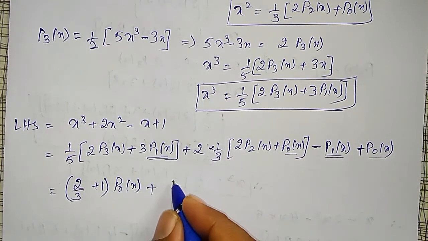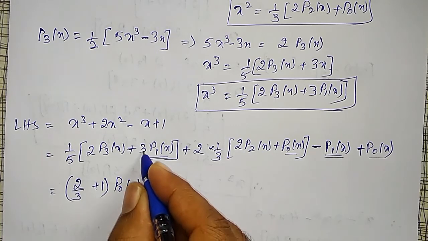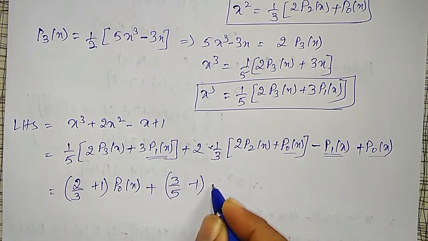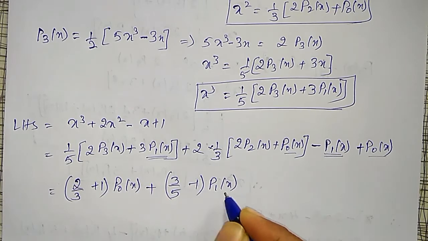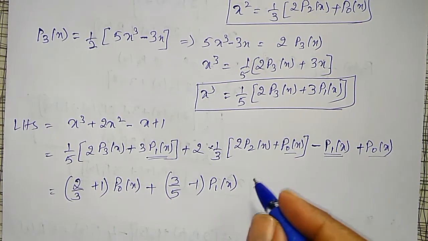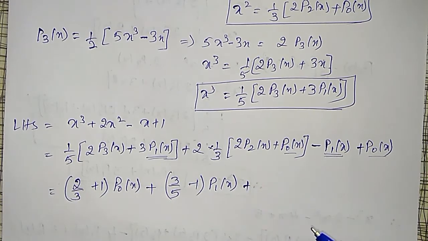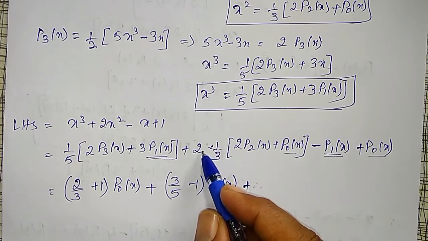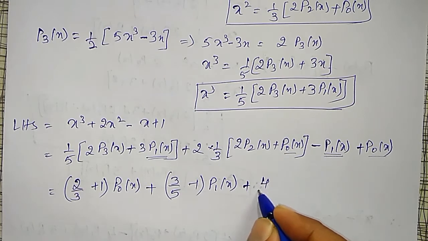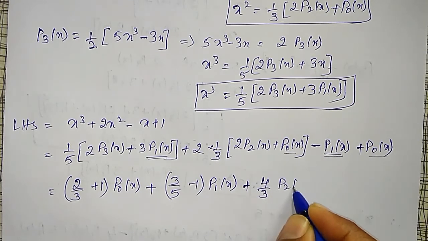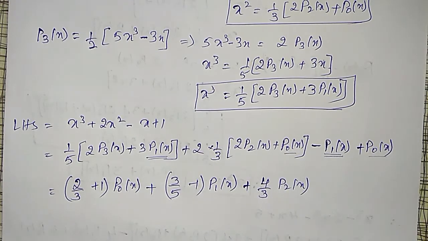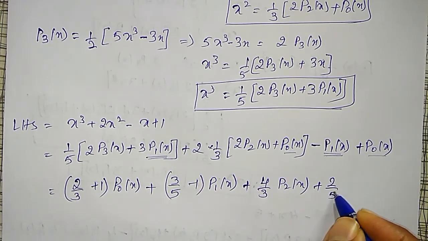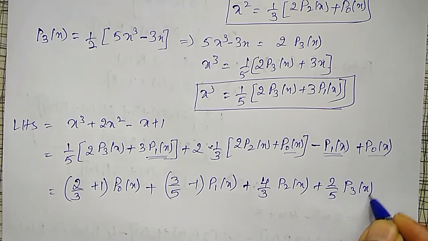Their coefficients are 3 by 5, that is 3 divided by 5, and minus 1 into P1 of x, plus P2 of x containing only one term, 2 into 2, 4 by 3 P2 of x, and then finally P3 of x containing only one term, that is 2 by 5 P3 of x.